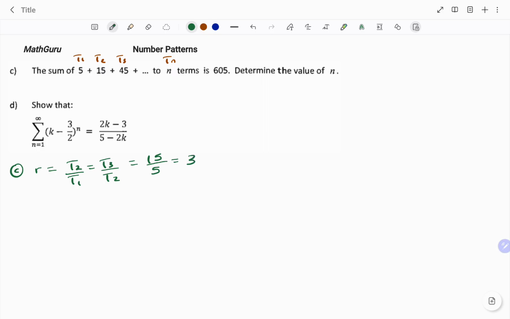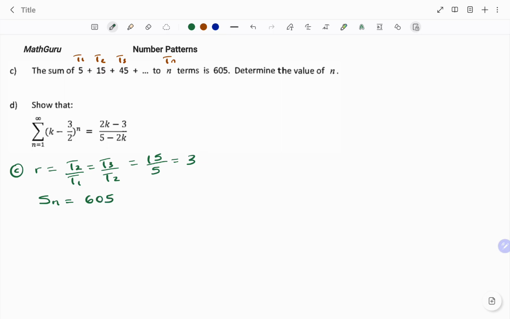And if you check, 45 divided by 15 will also give me 3. Now we've been told that the sum of this set of terms of the geometric pattern is 605. So my Sn is equal to 605.